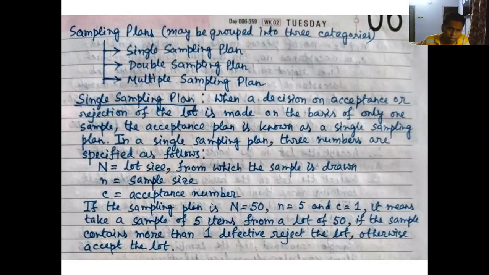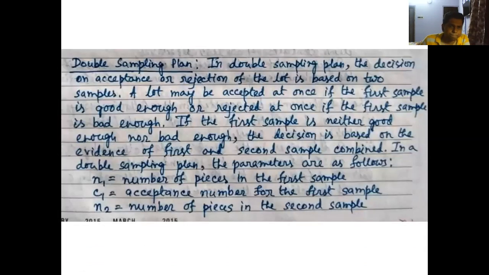Then you will check how many defects are there, and c is the cutoff value or the acceptance number. So it is 1. If you find 0 defective, or 1 defective item, then you accept the lot, otherwise if you find more than 1 defective, then you reject the lot. This is single sampling plan.